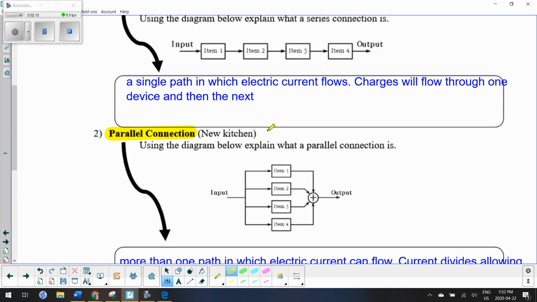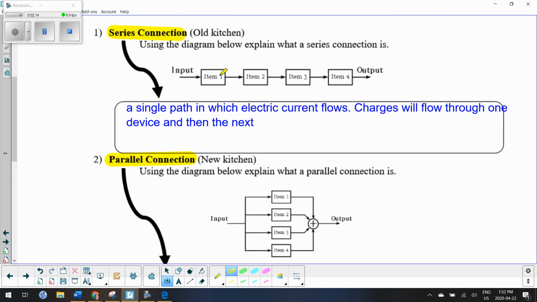All of your devices are able to get current at the same time. In the series circuit up here, say this is your stove, this is your dishwasher, and this is your fridge.